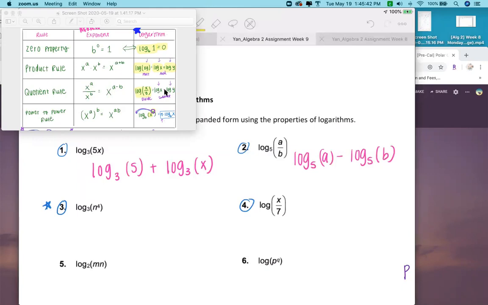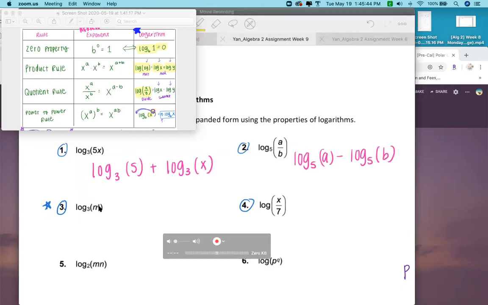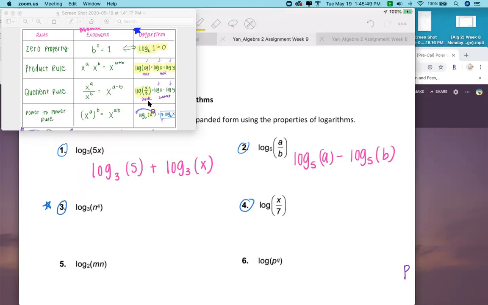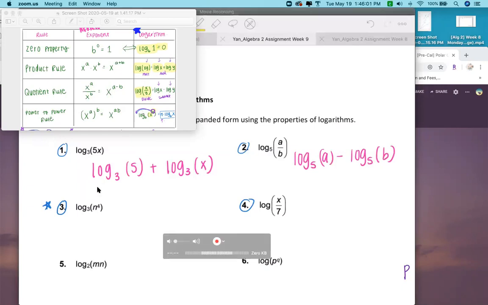Number 3, I have n raised to the power of 4. So out of all 4 of these, obviously it's not multiplying, because we're not multiplying anything. We're not dividing anything. And we don't have a 1. So we're taking the exponent to the front of it. That's it. The little number at the bottom stays as a 3.